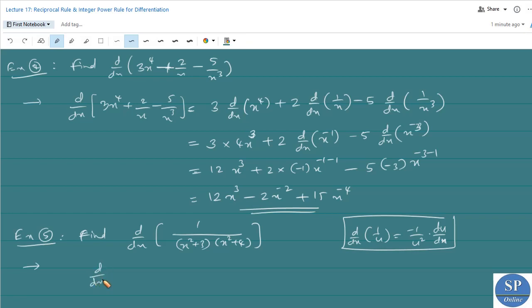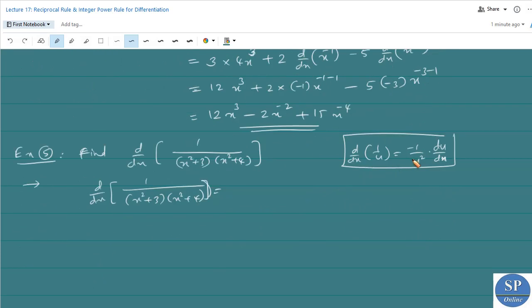Therefore d by dx of 1 by x square plus 3 into x square plus 4 is equal to minus 1 by u square, that is the square of this, x square plus 3 whole square into x square plus 4 whole square, this is minus 1 by u square into d by dx of u, that is u is equal to this.